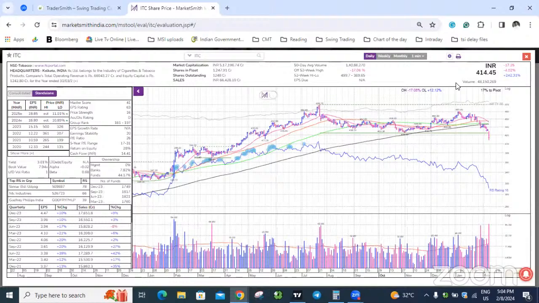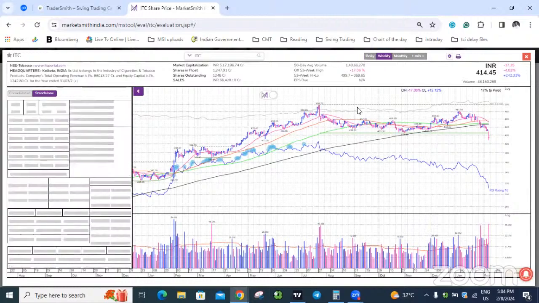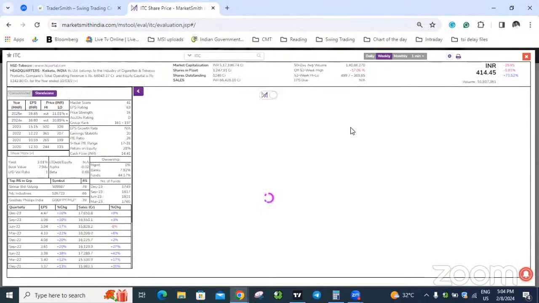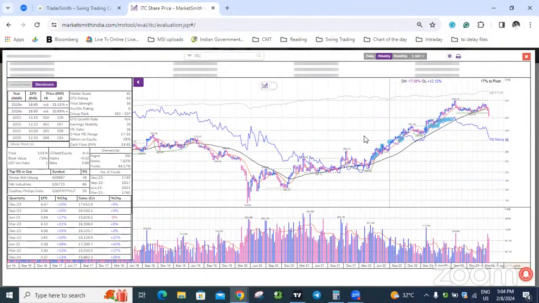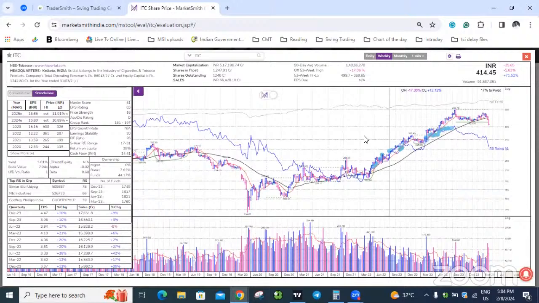But see this, if you look at the longer period, maybe the last 10 years, there was no performance in this stock. But suddenly there was a huge performance, and now there is some crackdown. So maybe it will take some time to consolidate and form another base for a fresh uptrend. And in this current consolidation, in this stock and in FMCG, I'm not denying it may fall another 4 or 5%.